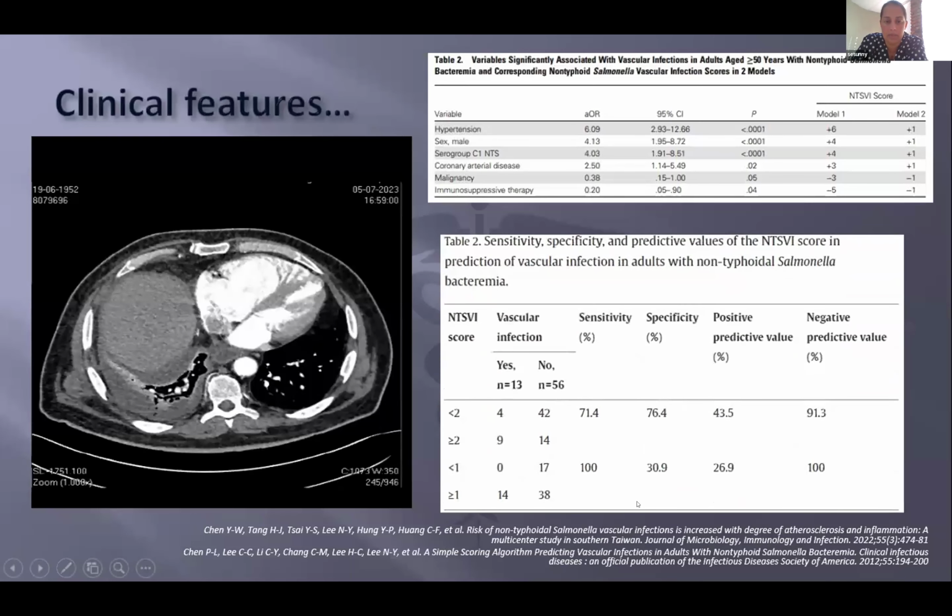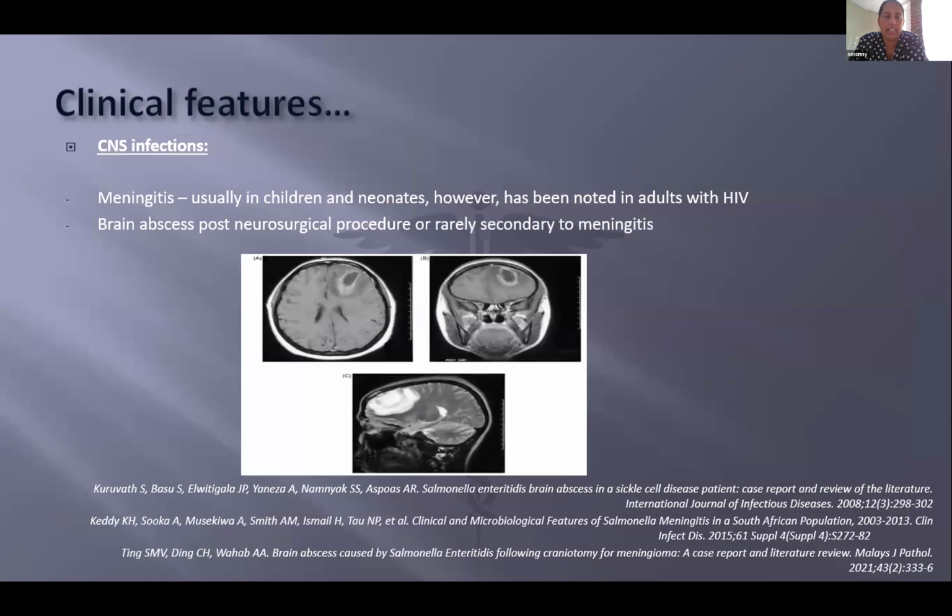A subsequent study done by the same cohort looked at the sensitivity and specificity of the NTS VI score in prediction of vascular infections. You can see a sensitivity of about 71% for scores less than 2 and 100% for scores less than 1.